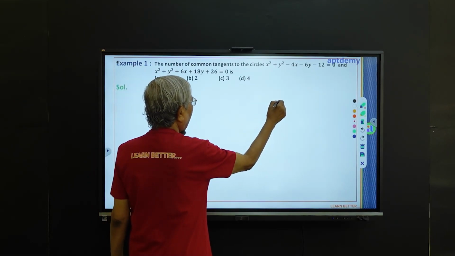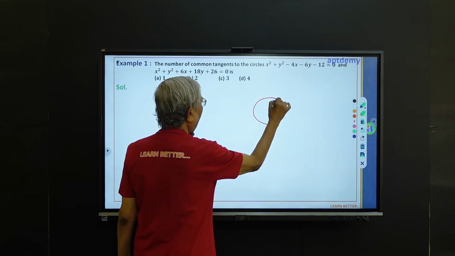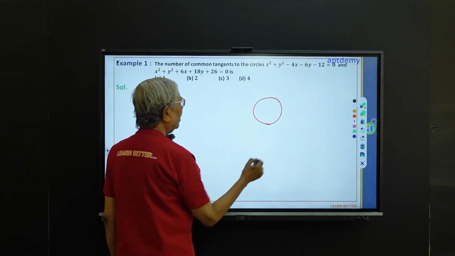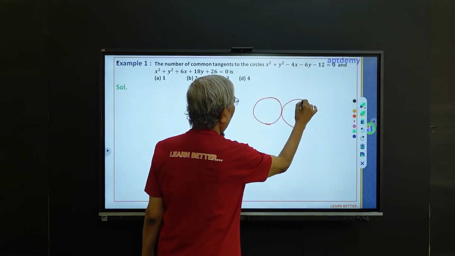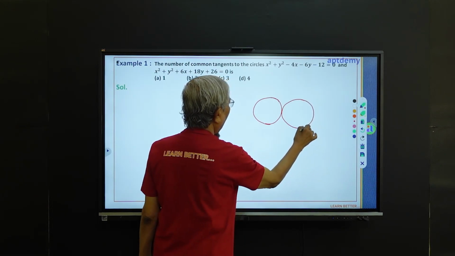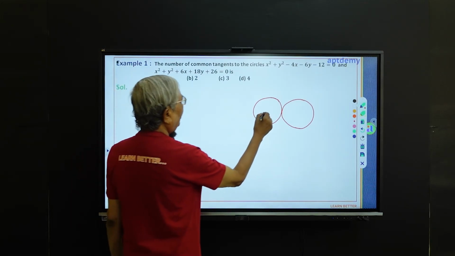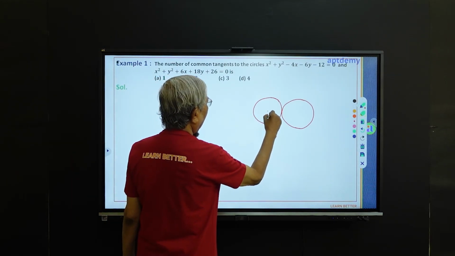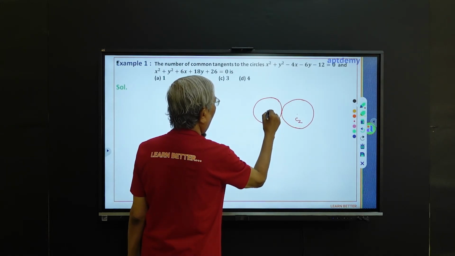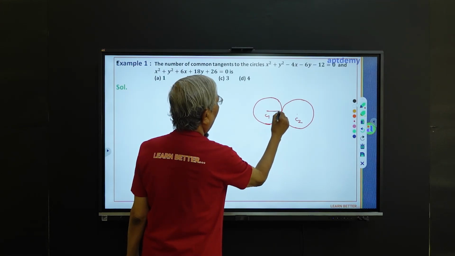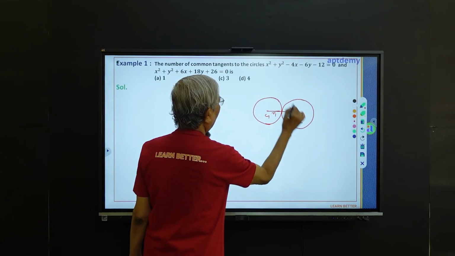First, we should discuss if two circles touch externally. Touch externally means if there is a center C1 and this is the center C2, with radii R1 and R2.